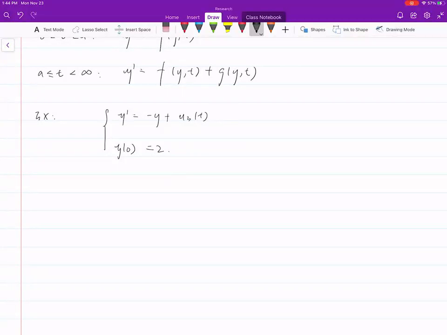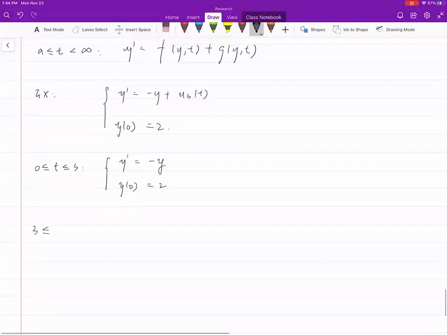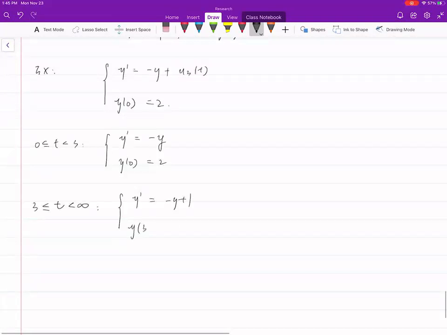Now, what's special about this one? Well, from 0 to 3, it's y prime equals negative y, y(0) equals 2. From 3 to infinity, this one becomes y prime equals negative y plus 1, y(3) equals, we don't know.